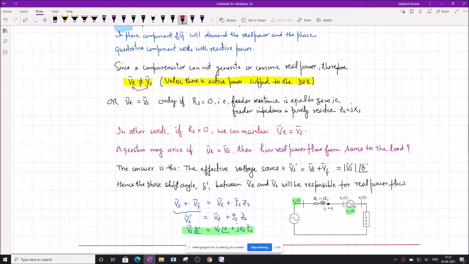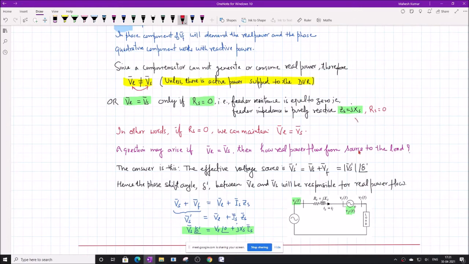VL equal to VS can only be maintained if RS is equal to 0, which means the resistance of the feeder is equal to 0, which means it should be a purely reactive feeder. That means ZS must be equal to jXS and RS is equal to 0, which is not practical because a feeder always has some resistance, but we can design a better feeder.